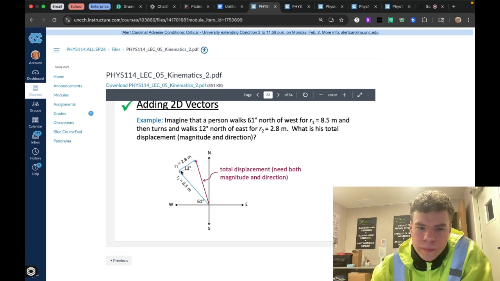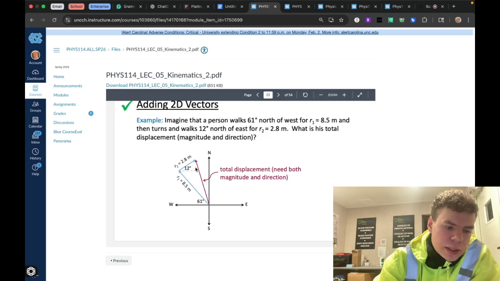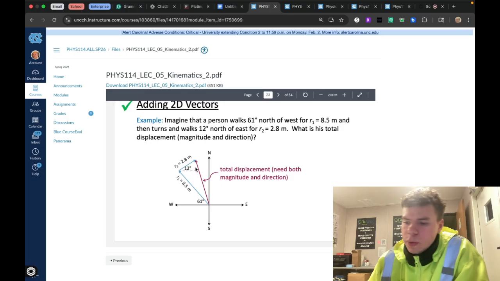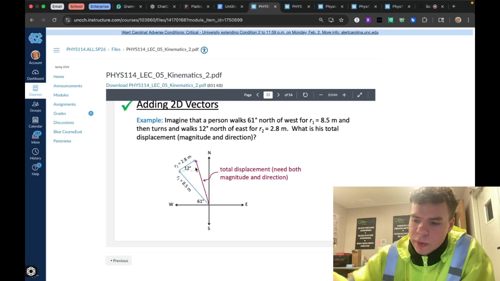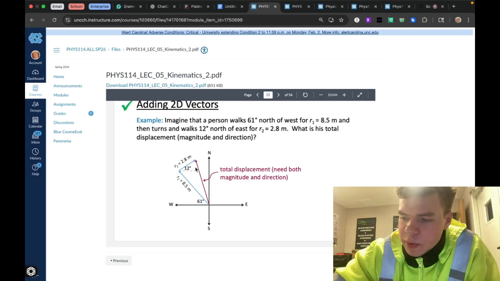But yeah, if we want to solve the x displacement here, we just do 2.8 of cosine of 12, which is 2.73. So we know that this displacement here is 2.74 meters.